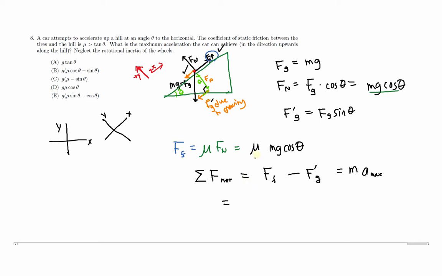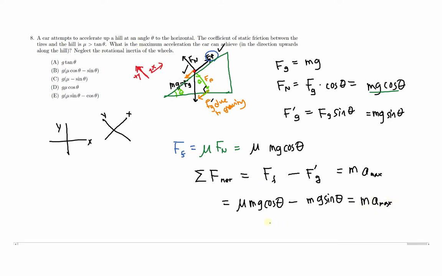So now I can stack them up. Force of friction, mu mg cosine theta, minus mg sine theta, equals m a maximum.